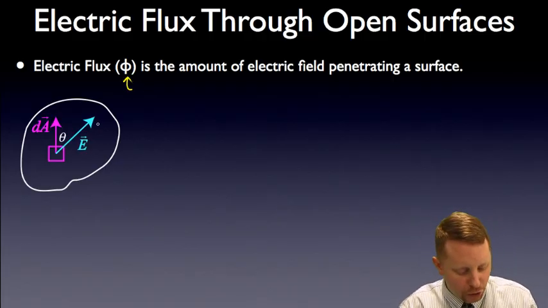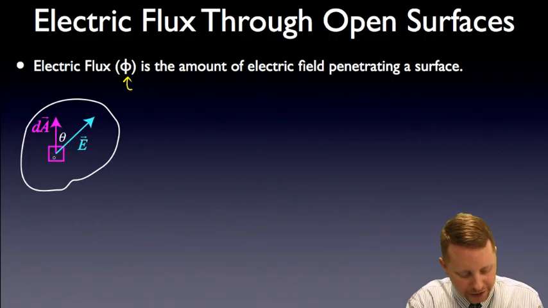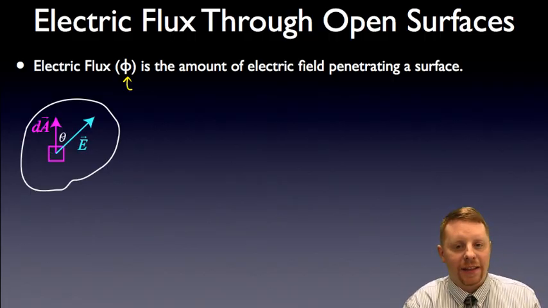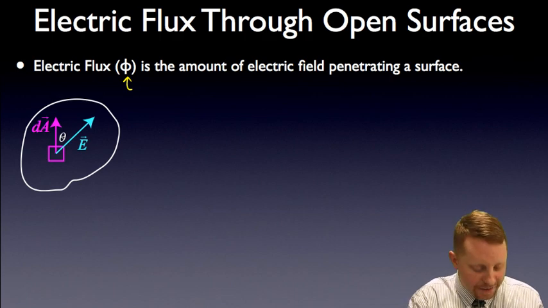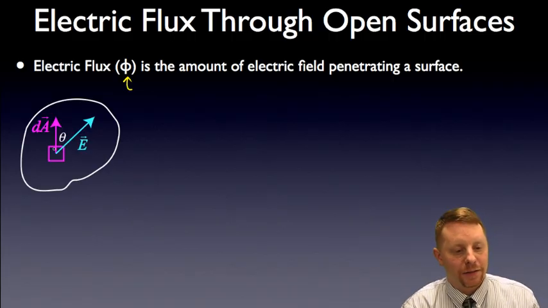And if we talk about an open surface like this, the way we define electric flux is by talking about the electric field going through that. We're also going to define a little tiny bit of area on that surface, a differential of area dA. The dA vector is that area with the direction perpendicular to that surface.